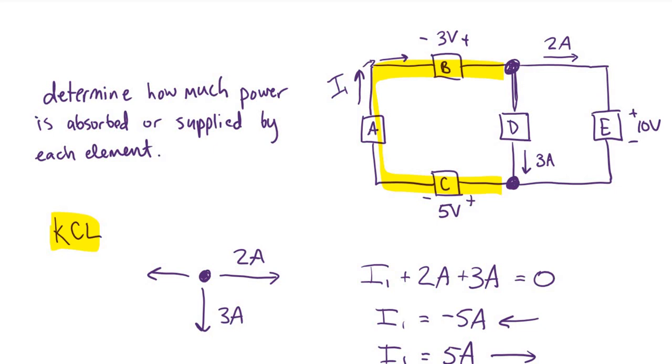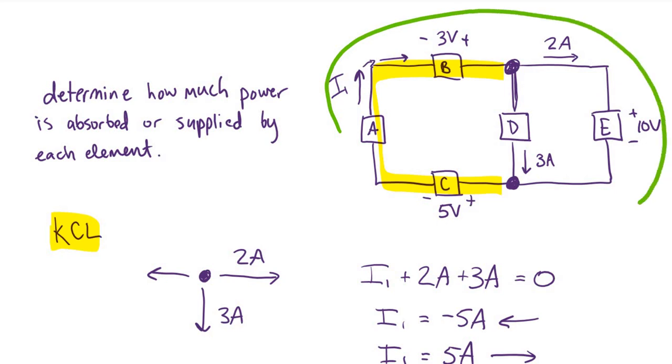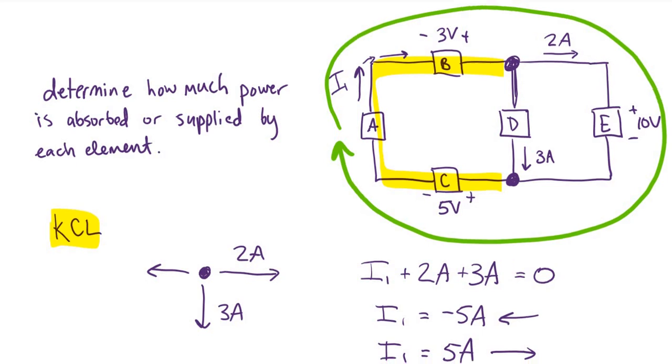So I'm going to choose the outside loop for our first KVL, and I'm noticing that we're going to have to do this twice because we have two unknowns.